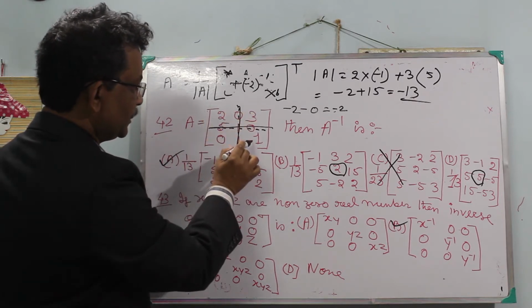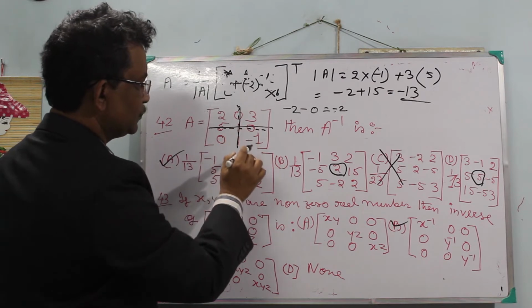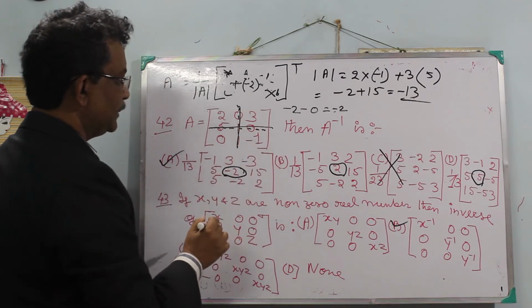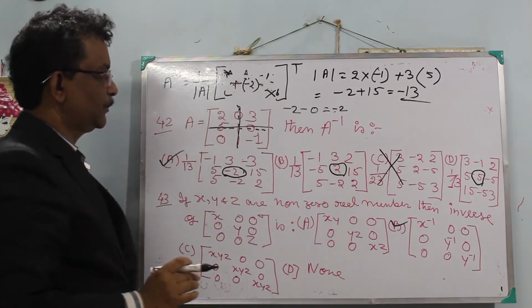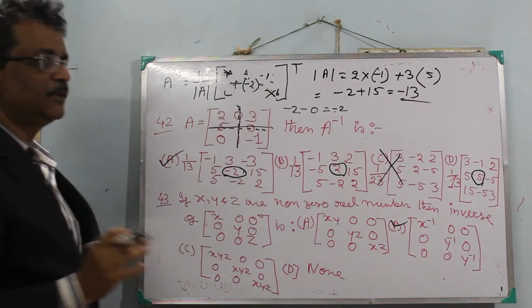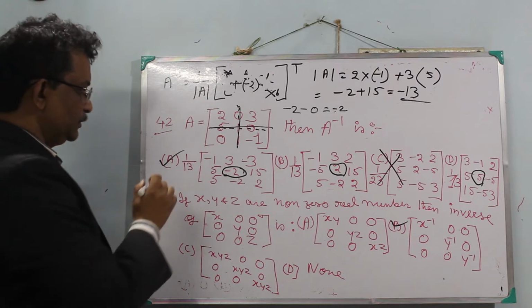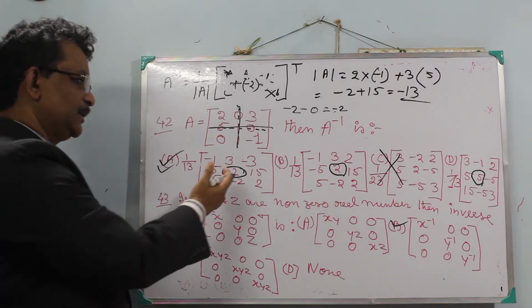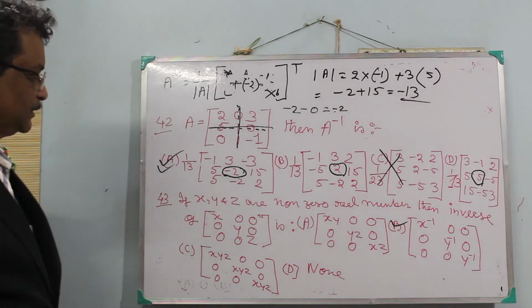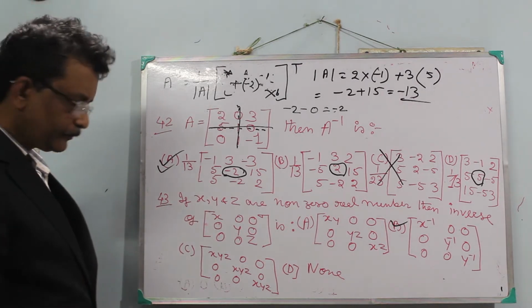Then 2 into minus 1, minus 2, minus 0, so minus 2. And if you transpose this, the position of the middlemost element will not change. So A is the correct answer. So by applying the shortcut method, I am able to calculate the correct answer.